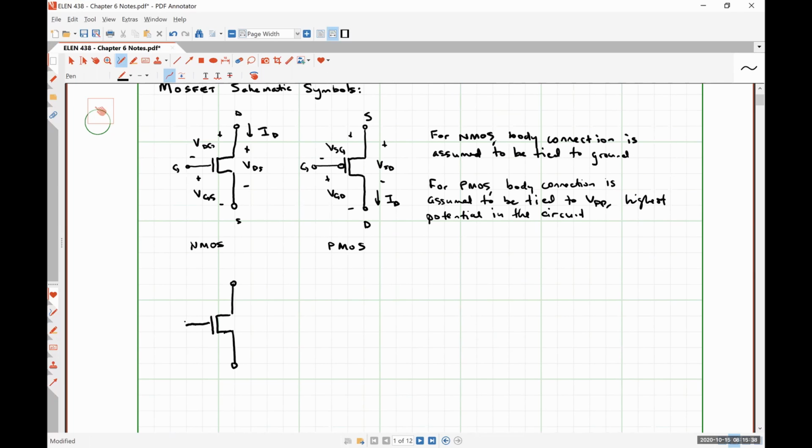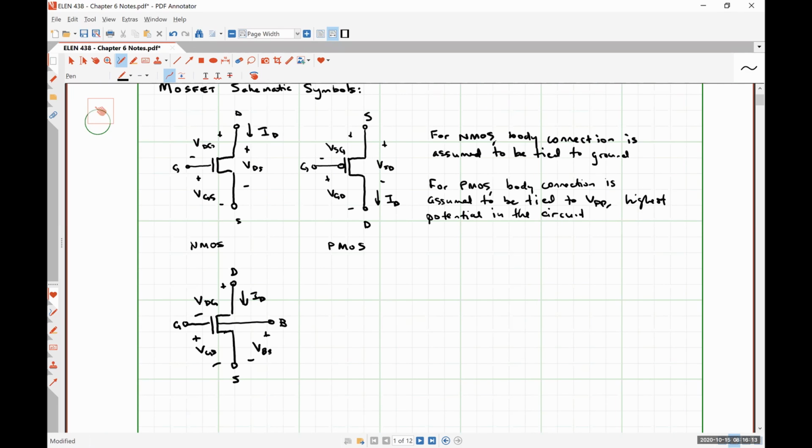So here's our gate, drain, source, so NMOS, and then we also have this body connection. Still have our current ID. Here's VDG, here's VGS. Then we have this guy VBS, which is going to directly influence our threshold voltage. We'll see in a little bit. We could still define VDS as the potential difference between the drain and the source, etc.